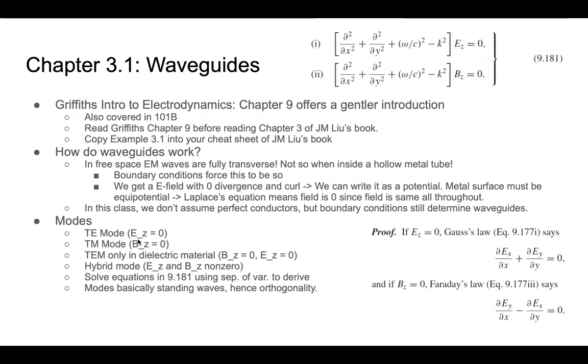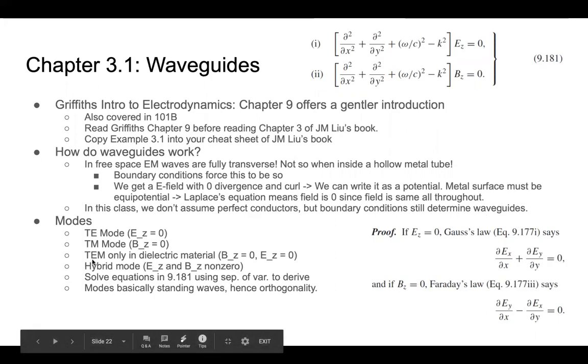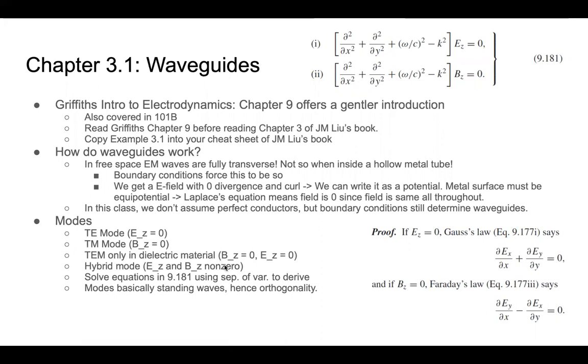TM, transverse magnetic, is when the B field in the traveling direction is equal to 0. And TEM, transverse electric and magnetic, only happens in dielectric material where the conductance is smaller. So that's when you have Bz equals 0 and Ez equals 0. And hybrid mode is when both are non-zero.